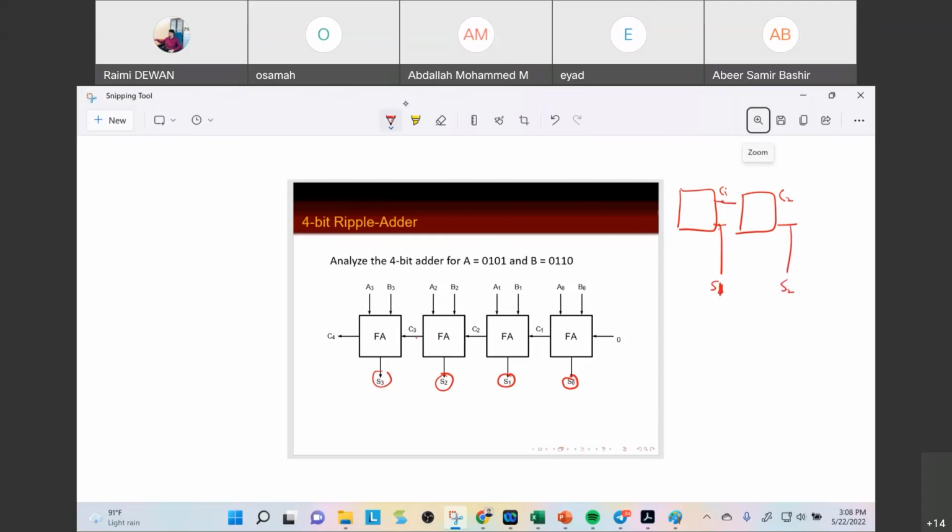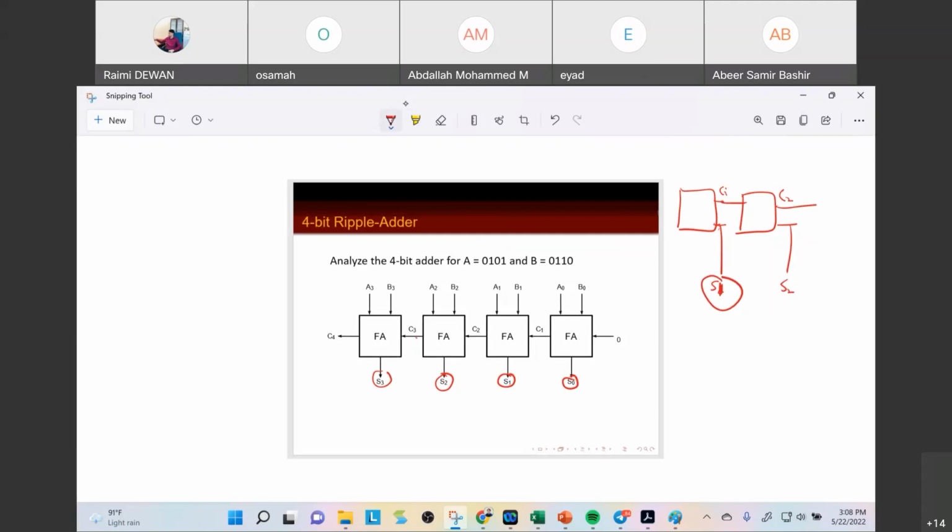And this carry will be connected to the next one. What I made a mistake on just now is I put C here. It's not C, it's supposed to be carried to the next one. The one that we will take is the S, the resultant operation.